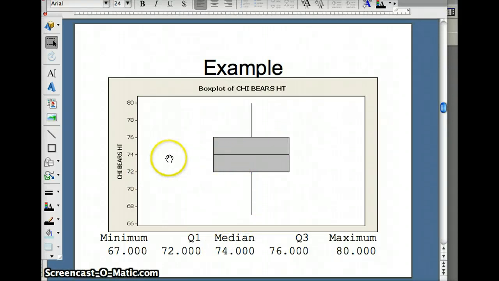Q3 76 is the second hinge. Median is here, 74, and the maximum is 80. So that's a nice representation of that data set. So we use those 5 points, minimum, Q1, median, Q3, and maximum, to go ahead and give us a visual representation of the spread of the data.